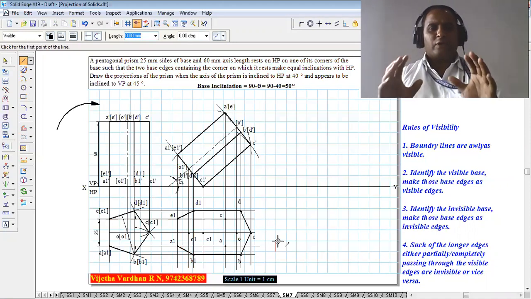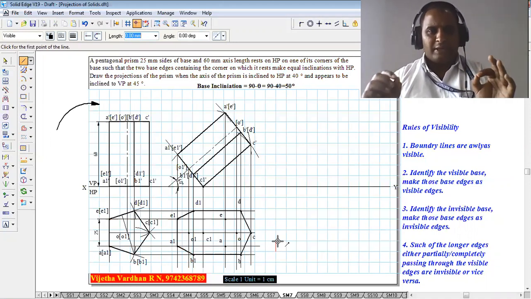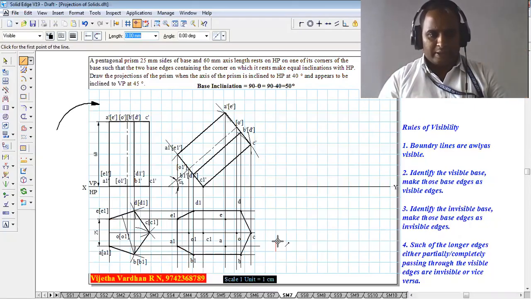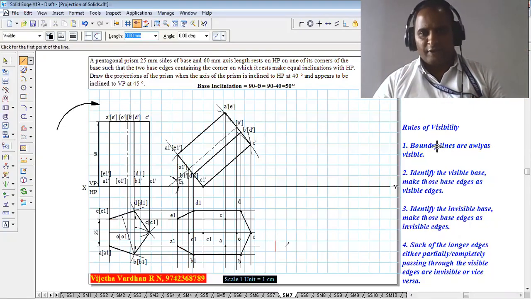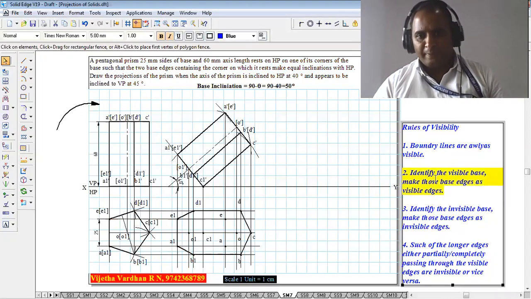Make sure that when you join the points, they create the boundary. This is how we have to complete the boundary. Once the boundary is finished, the first point is completed. The second point says to identify the visible base and make those base edges visible edges.